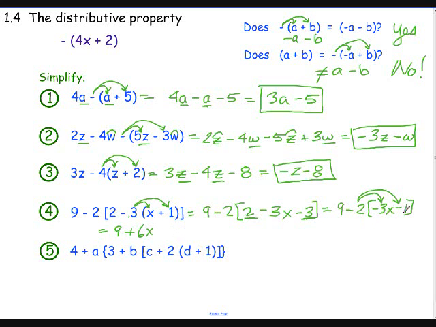A negative 2 times a negative 1 is going to be a positive 2. And I still have opportunity to combine like terms because, again, I've got some numbers. So I've got 6x plus 11 for my answer.